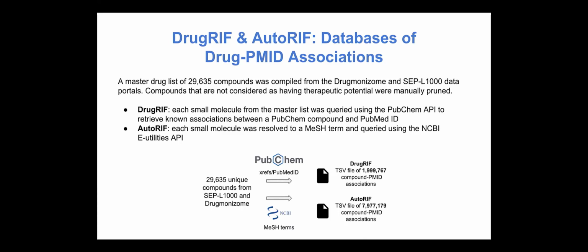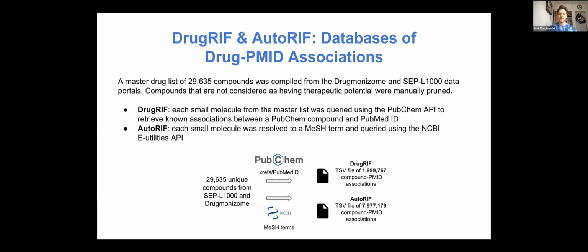And so we compiled this master list of compounds and queried them using various existing APIs. RIF contains drug to PubMed ID associations that were manually curated by the NCBI's PubChem portal.